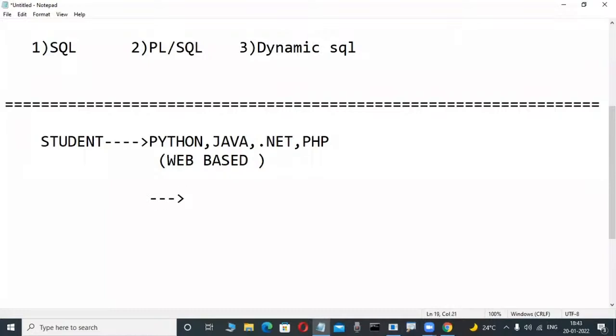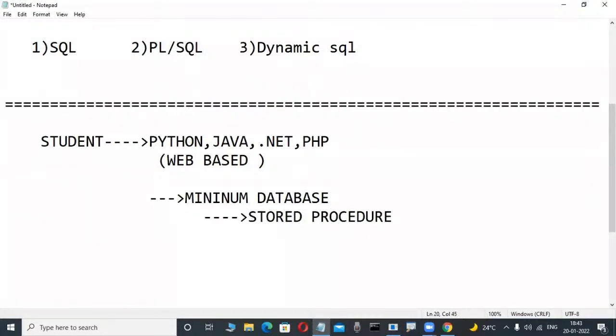Why? Because Java programmers using JDBC on the project side compulsorily use a relational database. .NET programmers have ADO.NET, and in that they also use databases. In databases, the minimum knowledge is stored procedures, a regularly used concept.